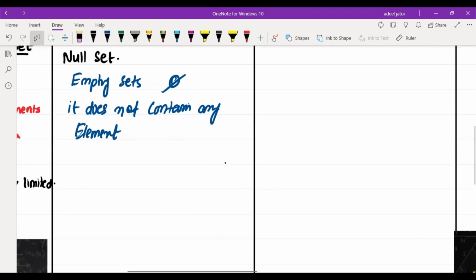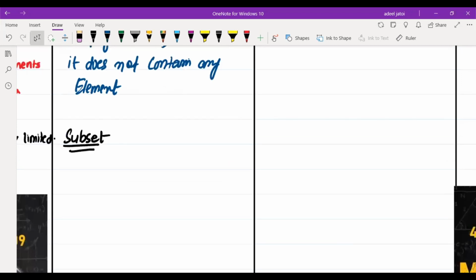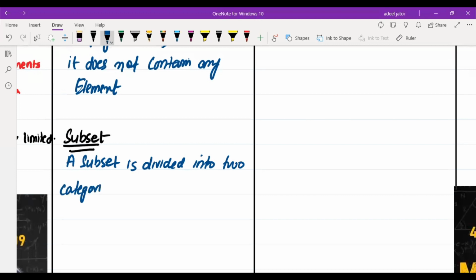Then we have a subset. A subset is divided into two categories: proper subset and finite subset.